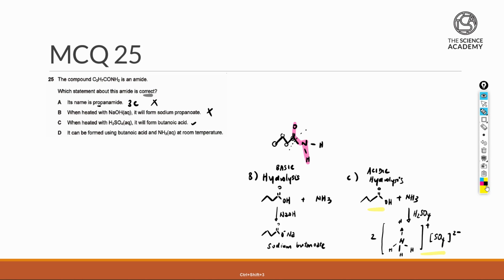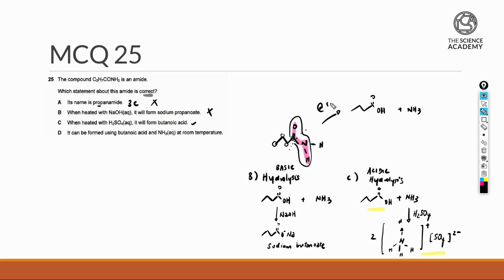So for option D, it can form butanoic acid and ammonia at room temperature. So we're looking at it just spontaneously going through a hydrolysis event to break into butanoic acid as well as ammonia. Now this is going to be extremely unlikely to happen because of the stability that is conferred by the amide bond.